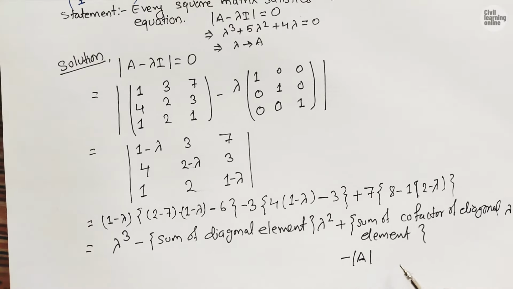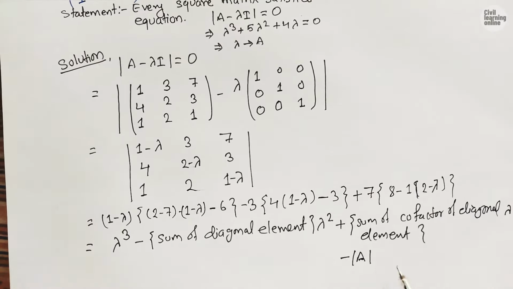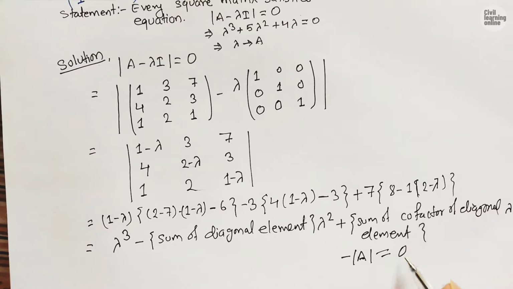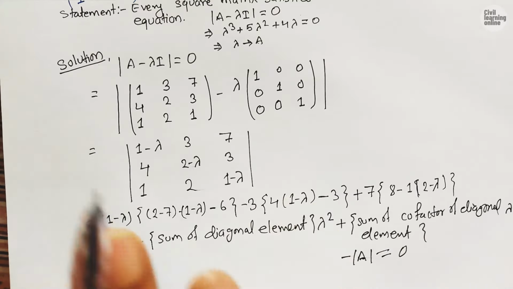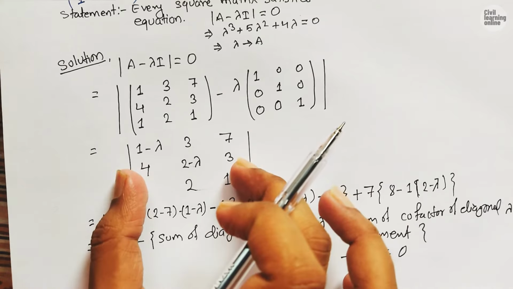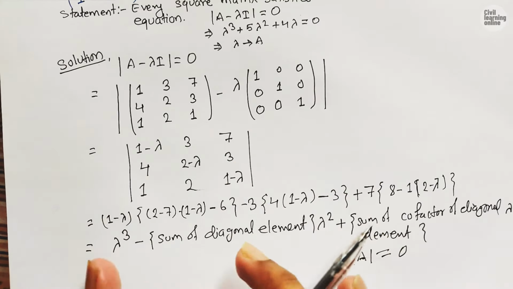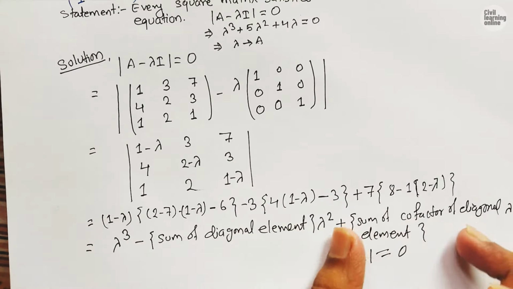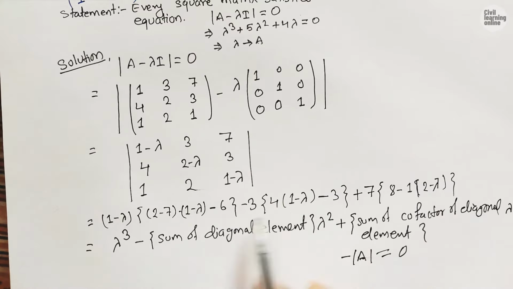We have represented it as A, so determinant of A equals 0. Either you can multiply or you can simply use this formula. What you need to do is write this, omit this, and simply use this formula, because when we solve this and multiply one by one, we will get this form.